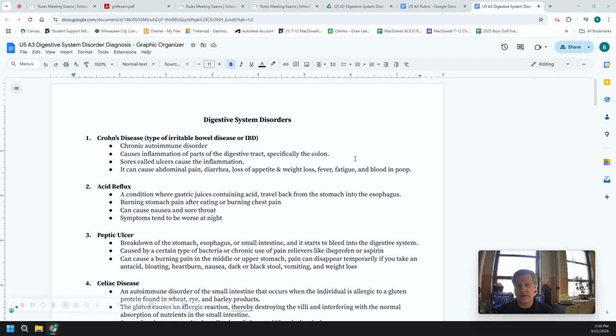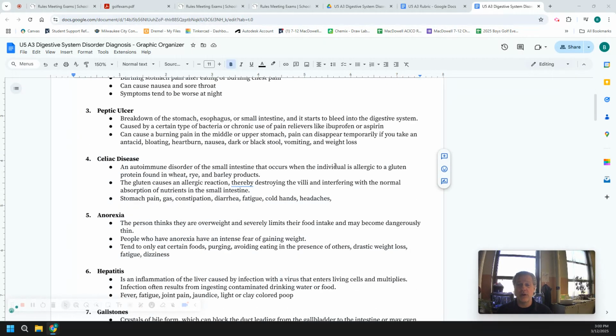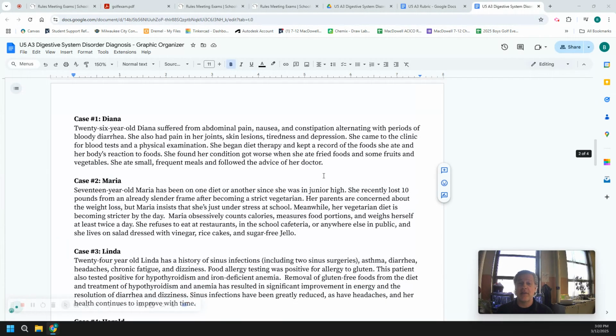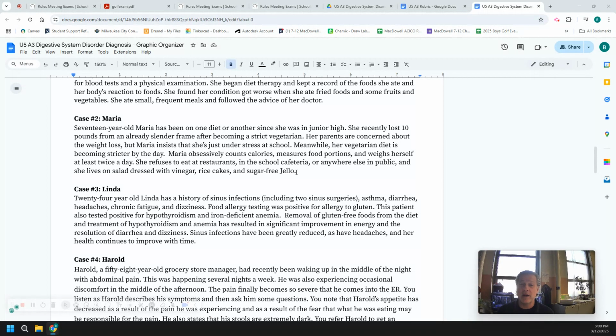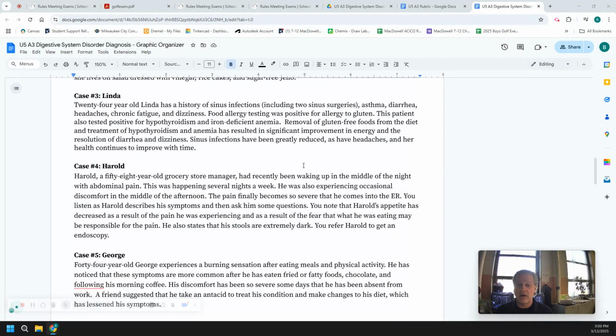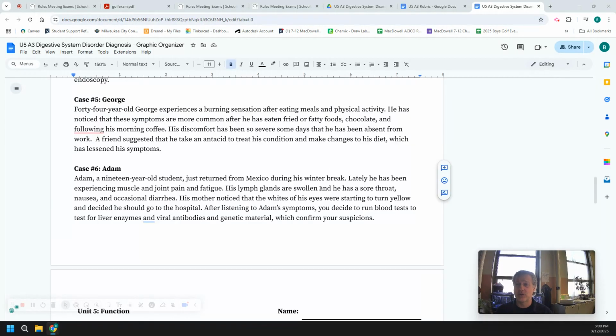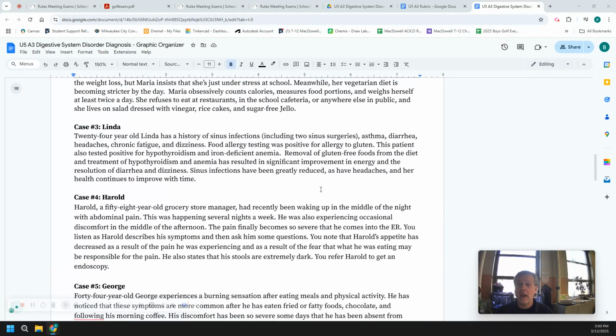their digestive system. So what is going to happen, and what you're seeing here on the screen in front of you, are 1, 2, 3, 4, 5, 6, 7, 8 different potential disorders that a patient of yours could have. And then you're going to see on the next page a bunch of patients: Diana, Maria, Linda, Harold, George, Adam, and your task is to read these blurbs, okay?